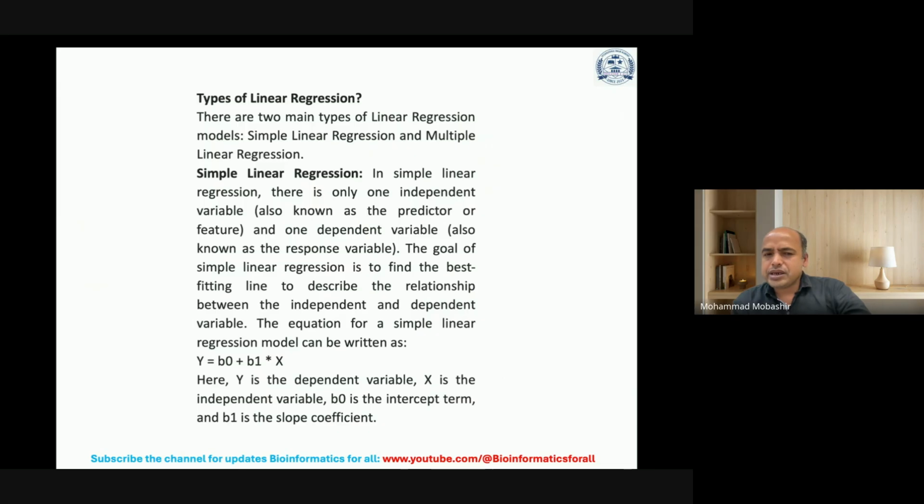The equation in general looks like what you can see here: y equals B0 plus B1 times x, where y is the dependent variable and x is the independent variable. B0 is the intercept term and B1 is the slope coefficient.